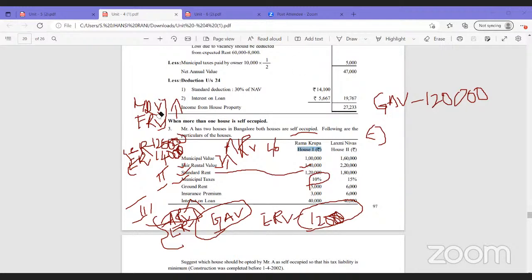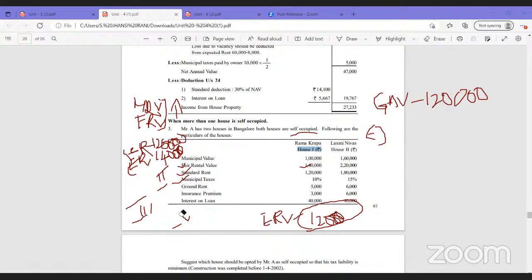And 10% means on what do you have to calculate? 10% municipal taxes means you have to calculate on municipal value. So less municipal taxes, 1 lakh into 10%, it comes to 10,000. If we deduct this, we will get 1,10,000.